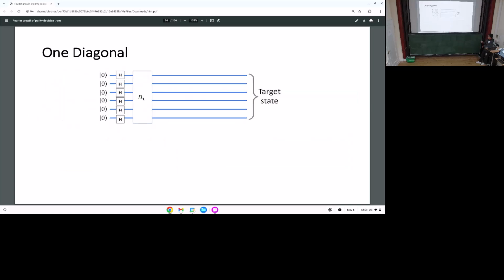And we did some study on this problem, and let me show you some simple observations. Let's first look at what if we only have one diagonal? What can we produce? Like why 3, right? So the observation is it's just going to be a phase state.